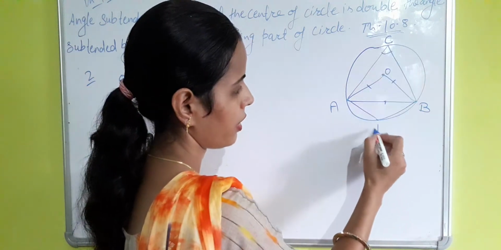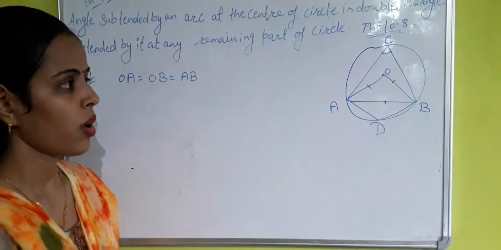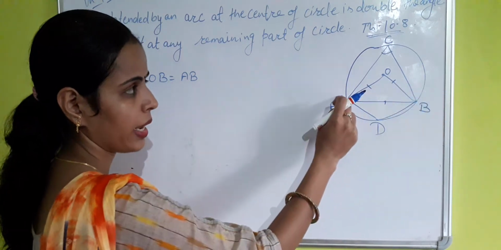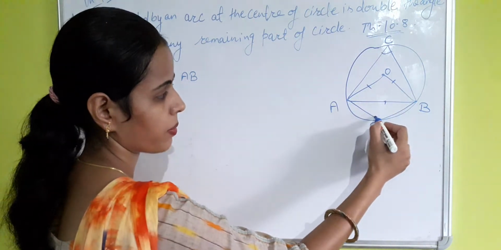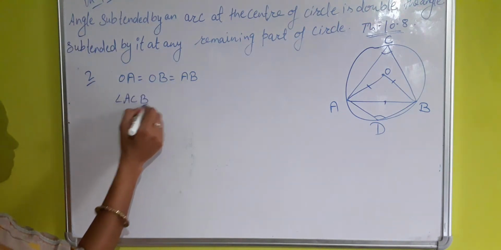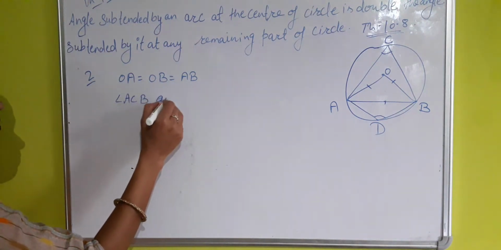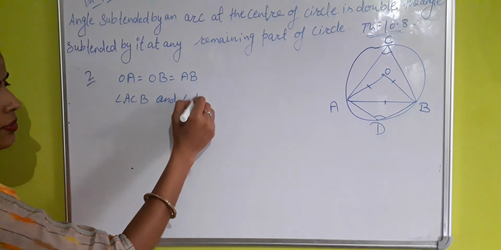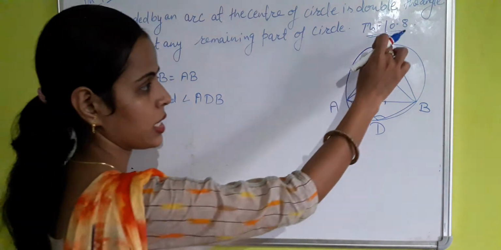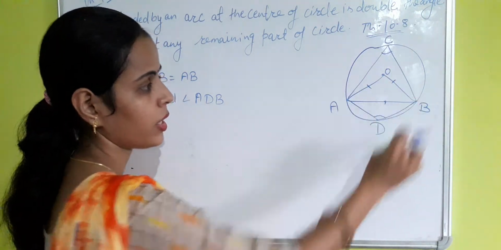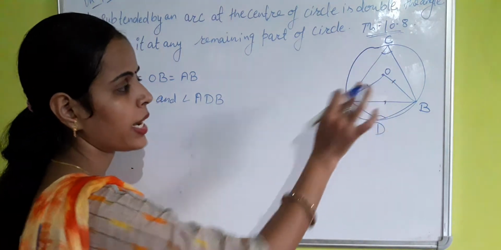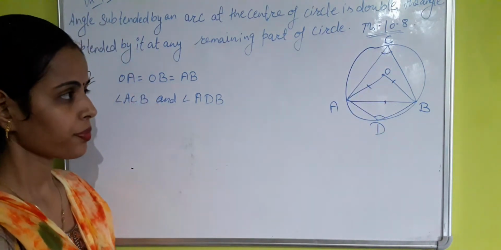C and D are points on the circle. Find the angles ACB and ADB, the angles made by the major segment and the minor segment.